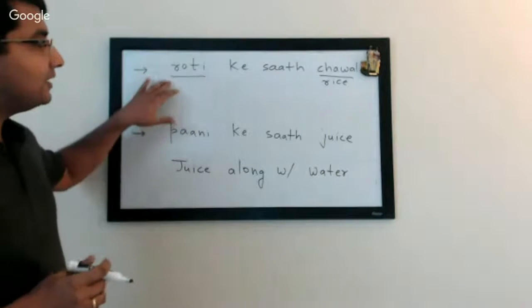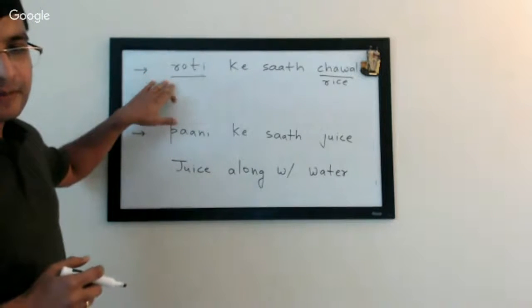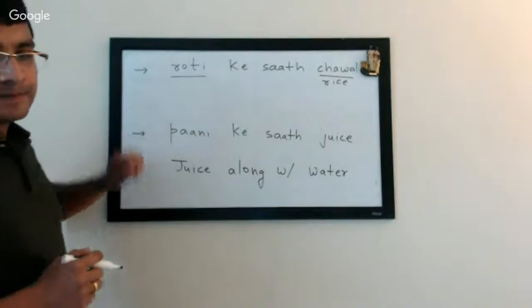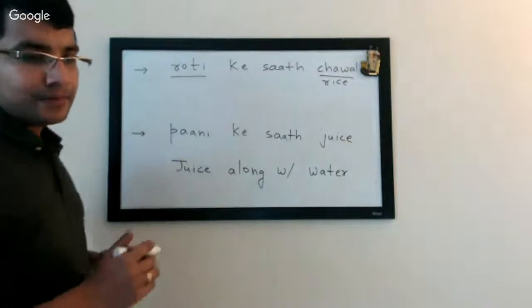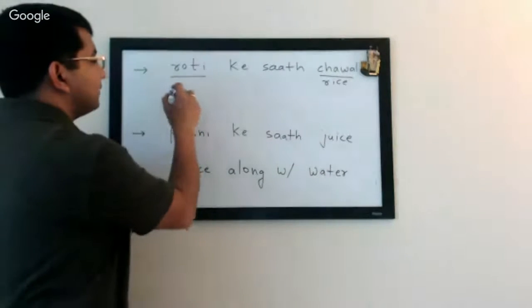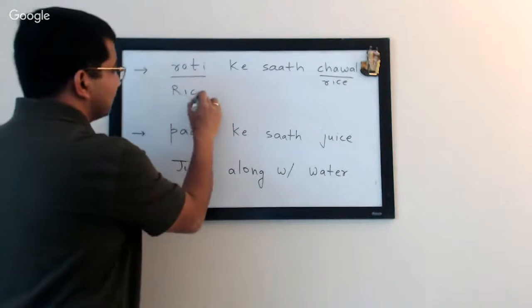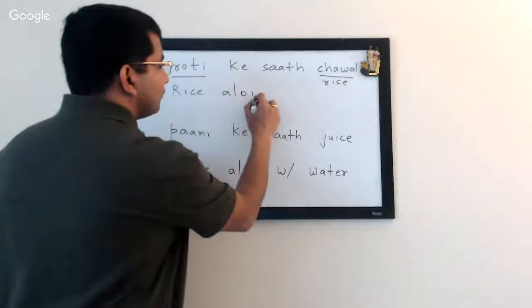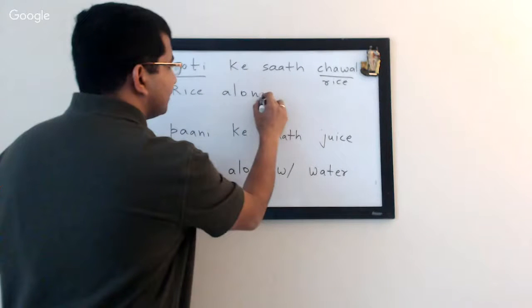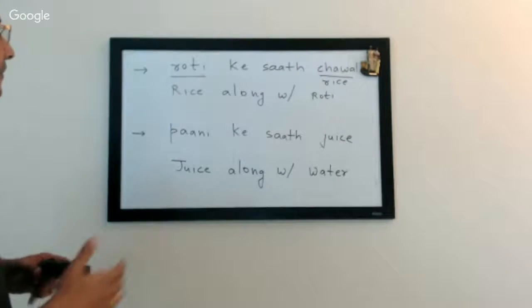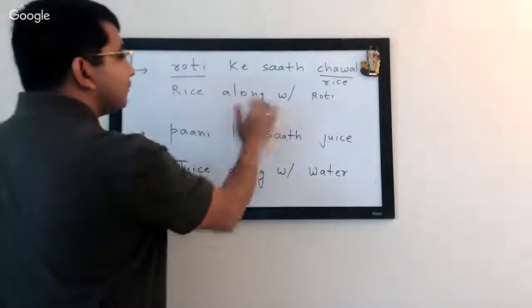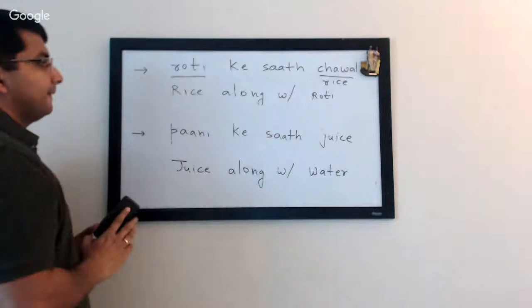Think about it and write it down. Okay. So this one is rice along with roti or bread. Roti ke saath chawal. Rice along with roti. So basically together, right?